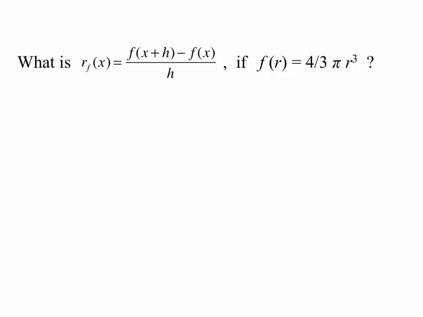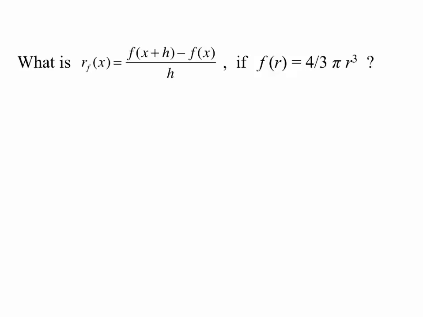So if our rate of change of f is f of x plus h minus f of x over h, change in y over change in x, for any current value of x and any value of h, what is that if f of r is 4/3 pi r cubed?